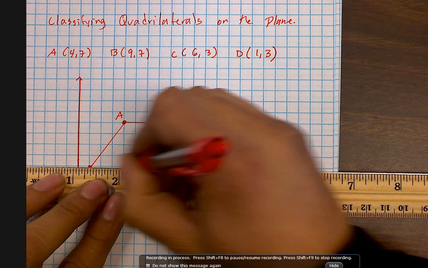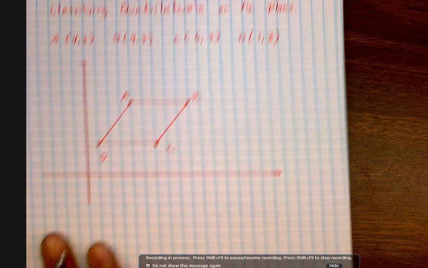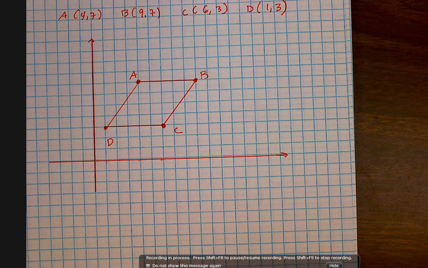And just by looking at it, you might be thinking, oh, okay, well, this shape is a parallelogram, right? Well, it might be, but it could also be a rhombus, and we have to prove which one it is, okay?